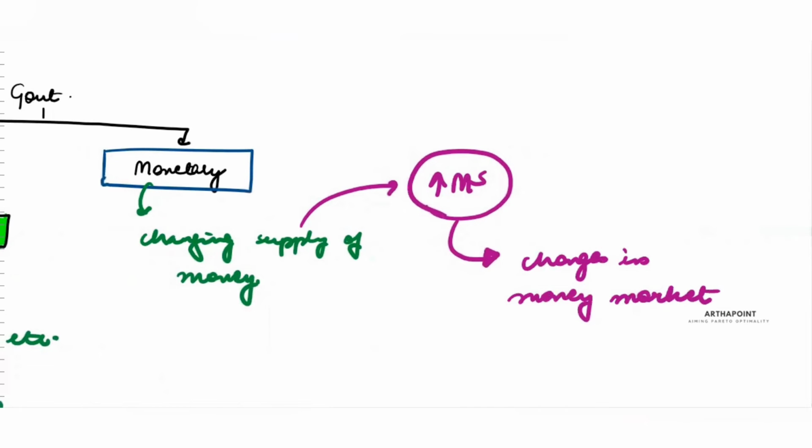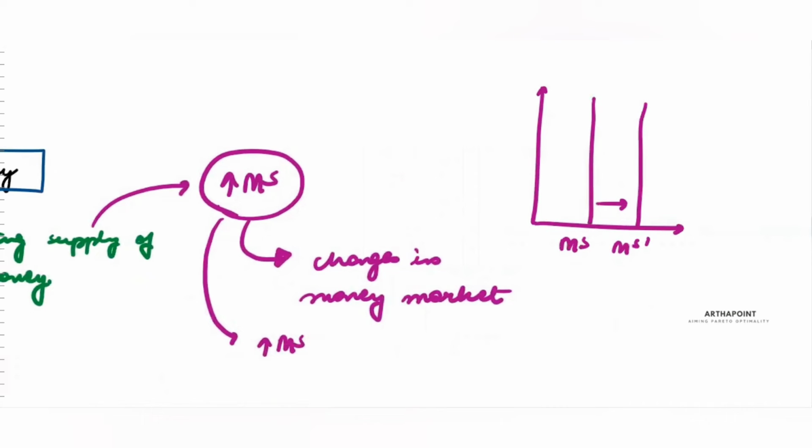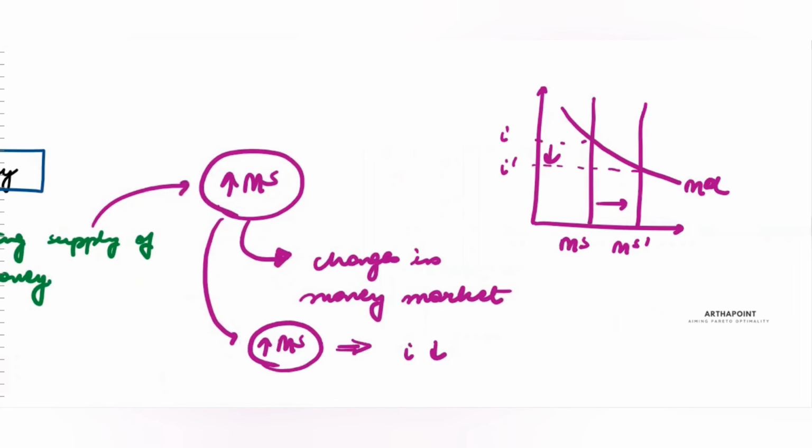For example, when the supply of money increases, in economics we have a shift of the supply curve of money. This is the demand curve of money. It's okay if you don't understand the money market well for now, but whenever the supply of money increases, it is going to change the interest rate. For example, in this case, the interest rate decreases.